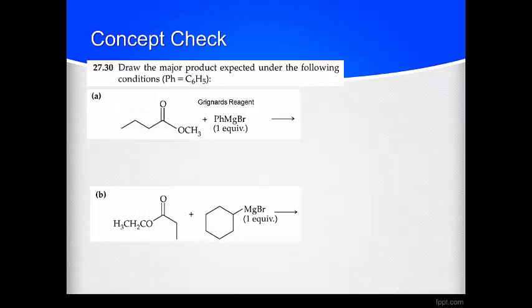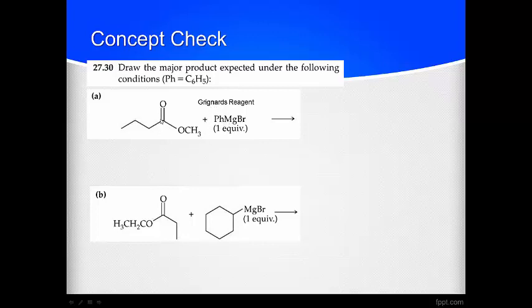Okay, so let's have a go at these Grignard reactions. We've got the Grignard reagent with a phenyl, which is a benzene ring with magnesium bromide. We have one equivalent, so it's going to react 1 to 1. Remember, this is essentially a benzene with a negative charge, which will come in and attack this carbonyl carbon.